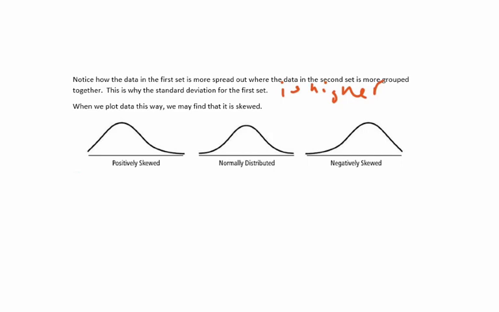Now, what we're going to focus on in the next lesson is normal distribution. That is when the mean, the median, and the mode are all the same number, where the center of the data is right here, and then it's evenly distributed in this nice, beautiful curve to the left and to the right. That is called the normal distribution.